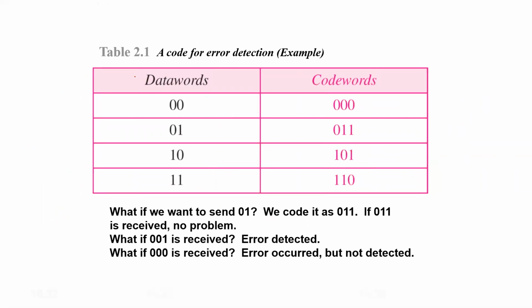Here we have a table where the k value is 2 and the n value is 3. So the data word is 2 bits and the code word is 3 bits.